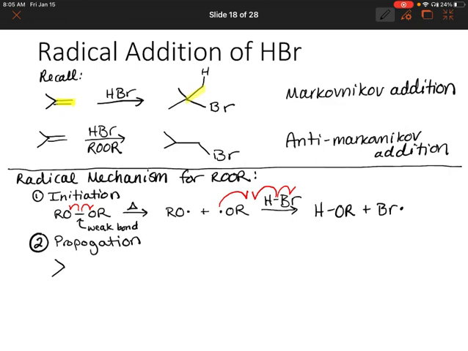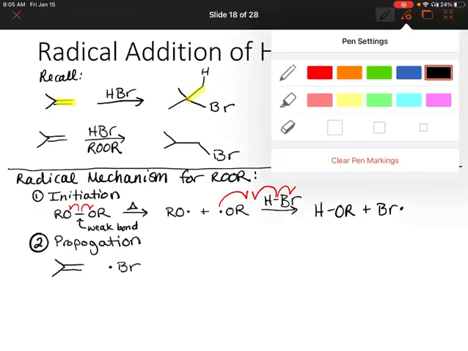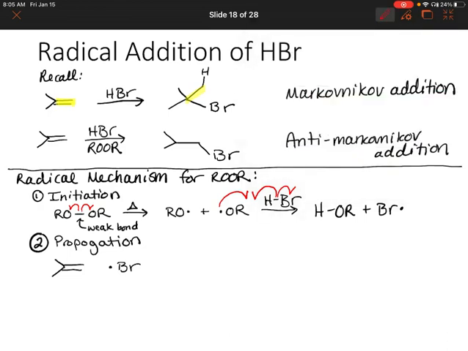So in our propagation step, we'll draw our starting material, so our alkene, and then we're going to show bromine forming a bond with the alkene carbon. So what happens here is, again, the pi bond is going to homolytically cleave, and one of the electrons will be left behind on the more substituted carbon because we want to form the more stable radical.